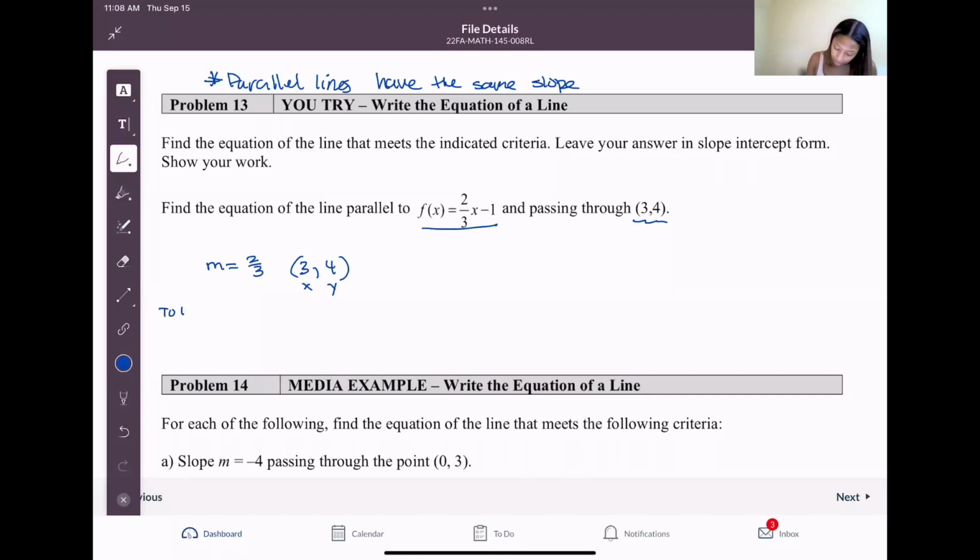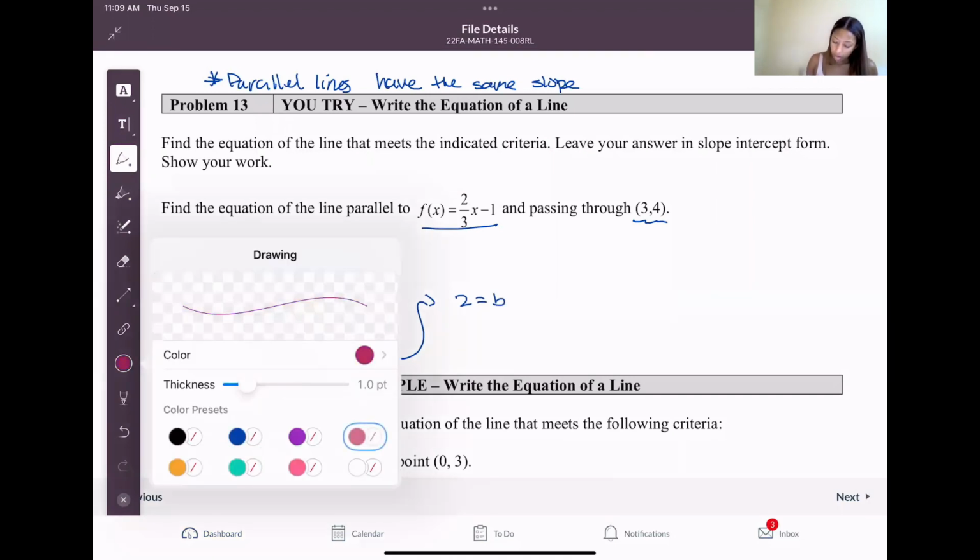So to find b, we have y equals mx plus b. So that would be 4 equals 2/3 times 3 plus b. So that's 4 equals 2 plus b. And then we subtract 2 from both sides. We see here that b is equal to 2.